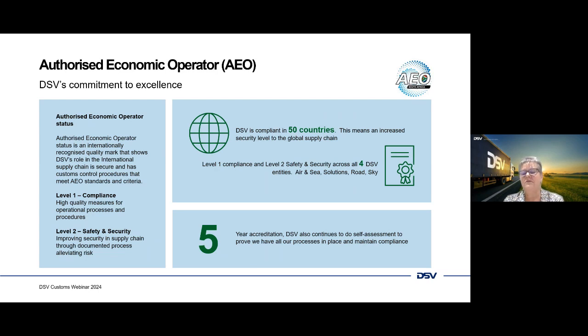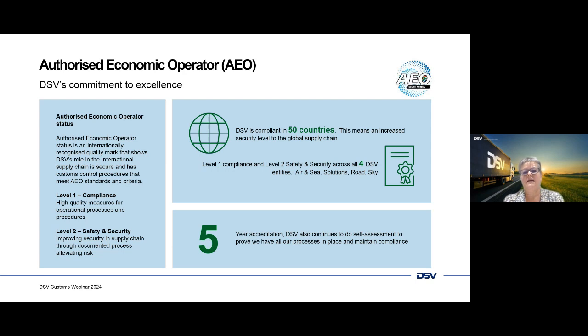There are two levels. Level 1 is your compliance level and has to do with the processes that are in place. Level 2 is your safety and security, which makes sure that your security is in place in the supply chain and alleviating risk.